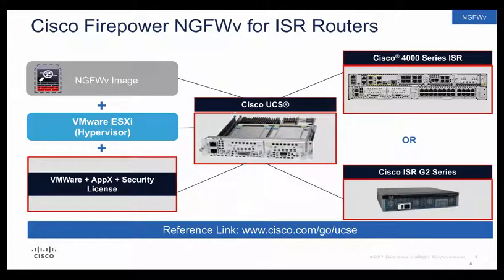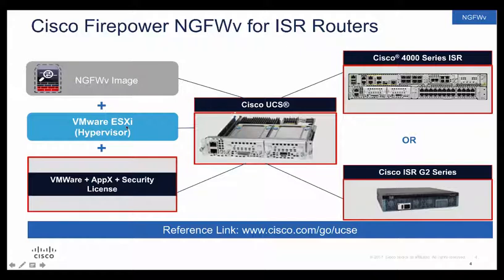So these are the components required to run the next generation firewall V as a service on the ISR router. On the software side, you need to have a hypervisor. In our case, it's VMware, and then the next generation firewall V image for VMware so that it can be installed or provisioned on top of this VMware ESXi hypervisor.